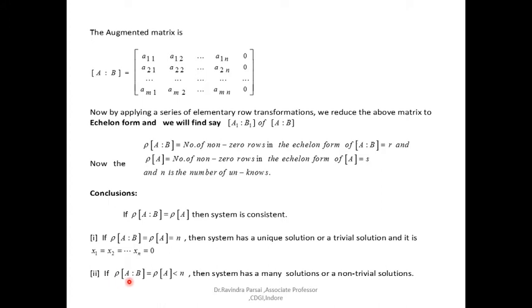The second category is when the rank of the augmented matrix and the coefficient matrix are the same but less than the number of unknowns. In this case the system has many solutions, or a non-trivial solution.